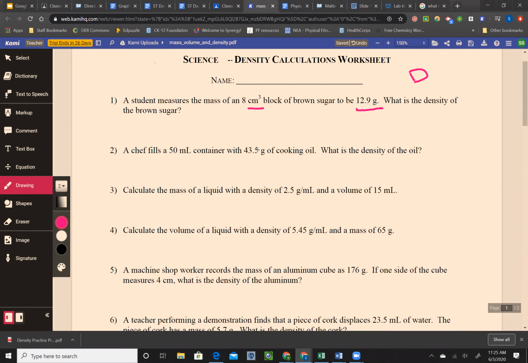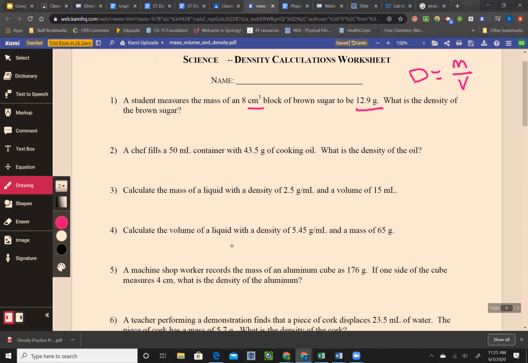We should always be referring back to this equation, mass divided by volume. So that's step 1, step 2. You ought to write them down. I'm not writing them down for you. And then you just solve for this by dividing the mass, 12.9 grams, by the volume, 8 centimeters. And whatever that number is, it sometimes is a decimal, that's going to be your density. Same thing for number 2.